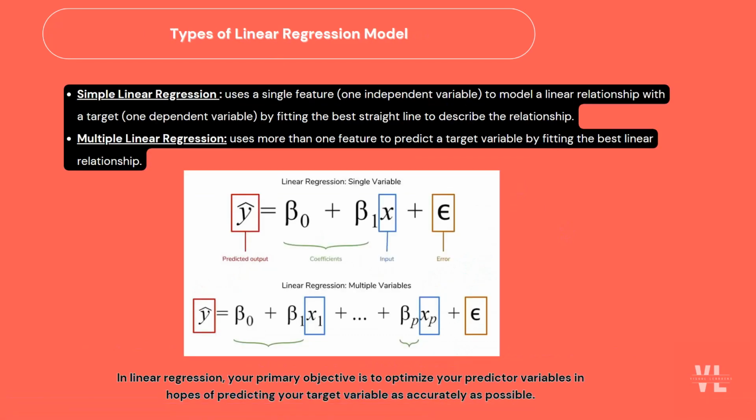Otherwise, we might have another set of linear regression model known as multiple linear regression. Simple linear regression uses a single feature, or one independent variable, to model a linear relationship with a target, or one dependent variable, by fitting the best straight line to describe the relationship.